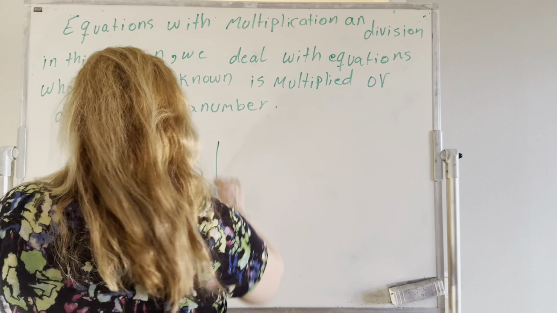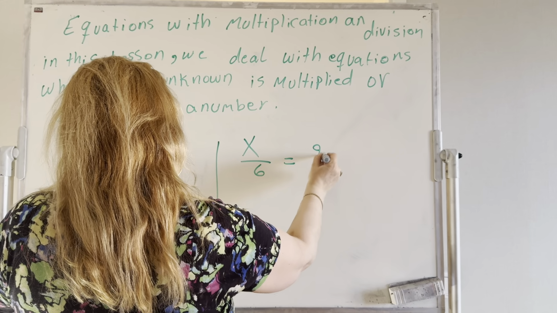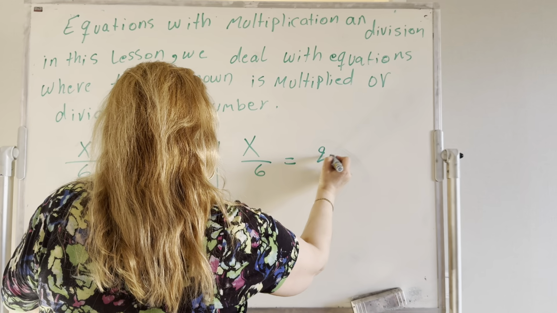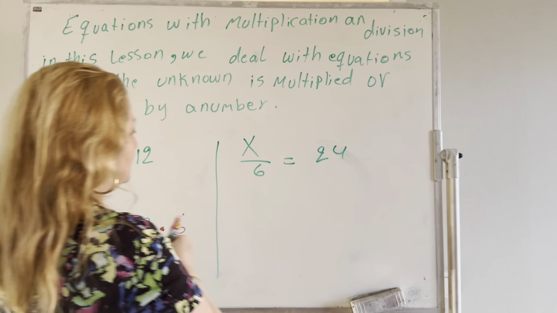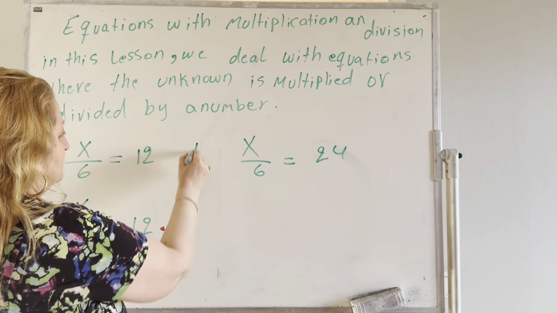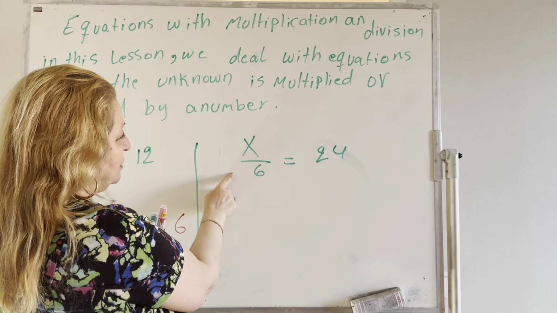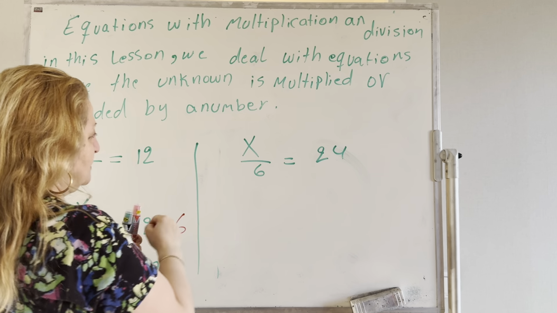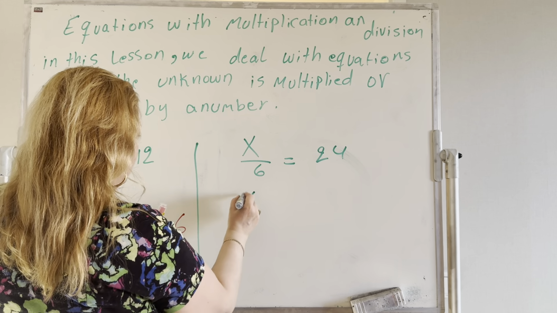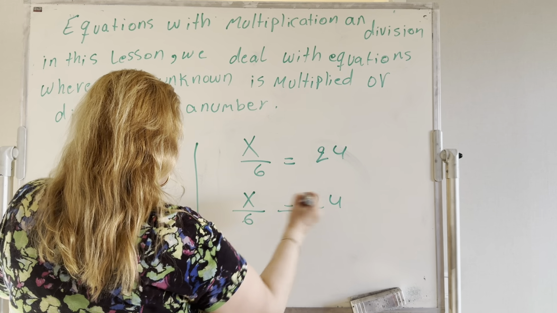If I have x divided by 6 equal 24, for example, and I must find the value of x, I need the opposite operation here. x divided by 6, the opposite is multiply x by 6.